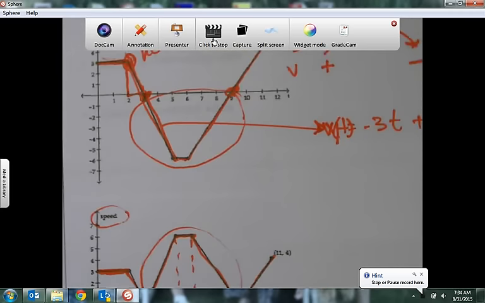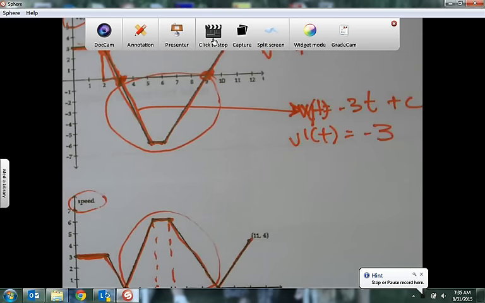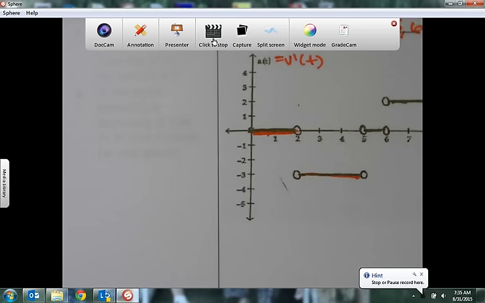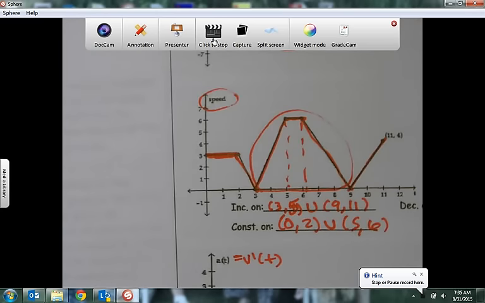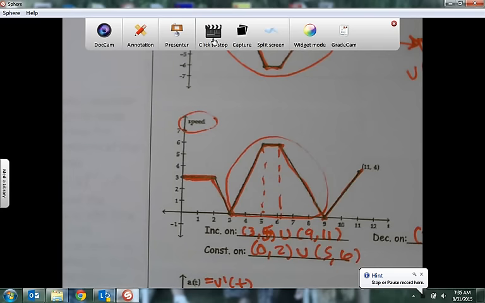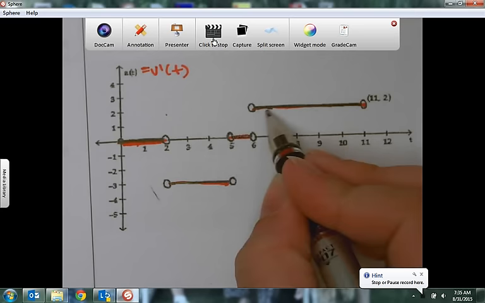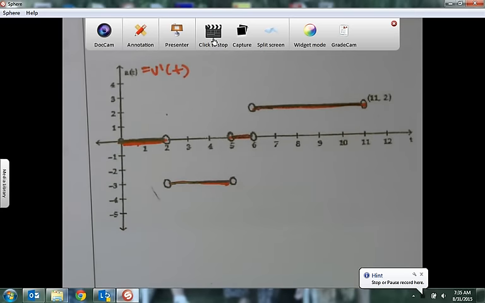So if I took the derivative of that, I get negative 3, which is what we see down here. How cool. Again, this is where it's constant. And then here I have a positive slope the whole time of 2. So constant and positive slope of 2 on v of t. So that's how it relates to a of t. Pretty cool.